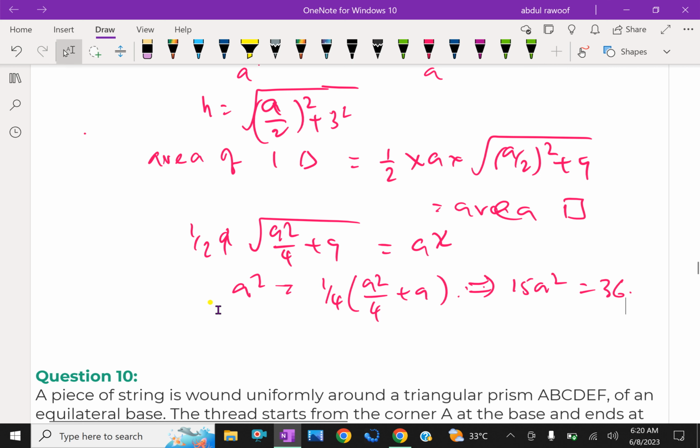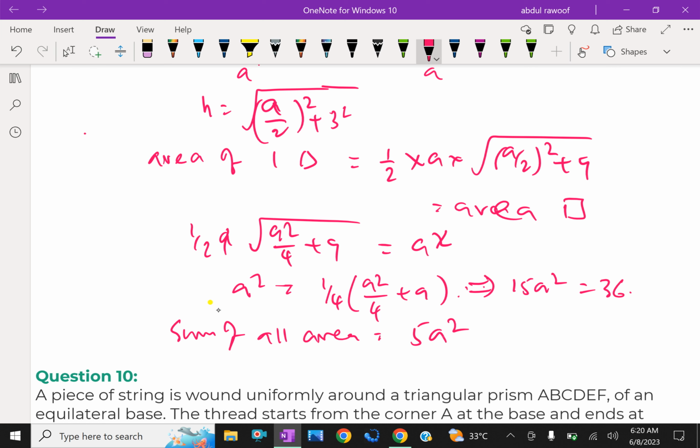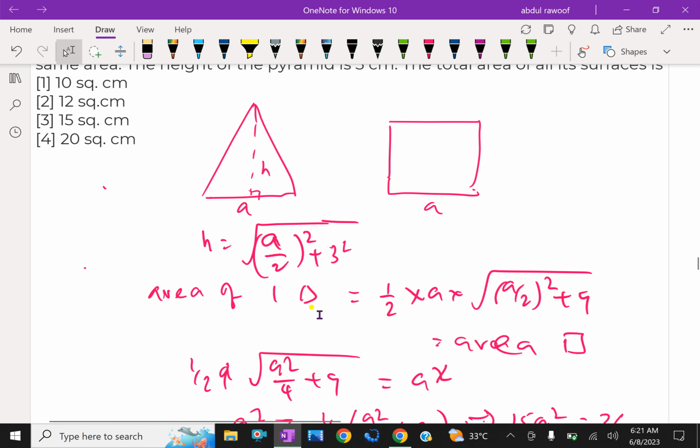Now the sum of all faces' area equals 5 A squared, therefore 5 into 36 by 15, which is 12. Here A squared is 36 by 15, and the 5 faces are 4 triangle faces and 1 square face, so the sum of all areas is 12 square centimeter.